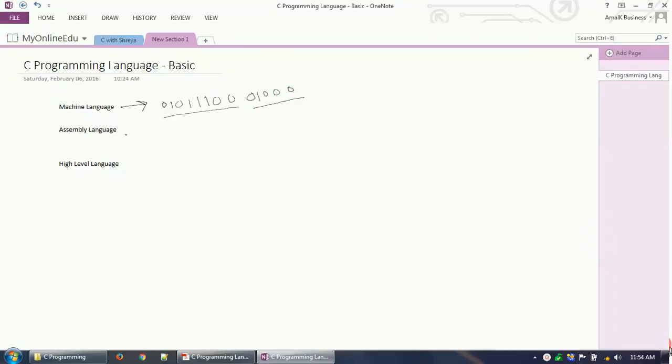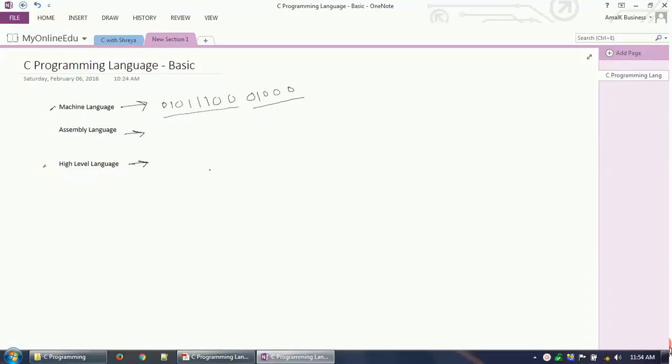Now assembly language is the middle level language between the machine language and the high level language. And then high level languages come into the picture, which we human beings understand more easily. That is why it is called high level language.